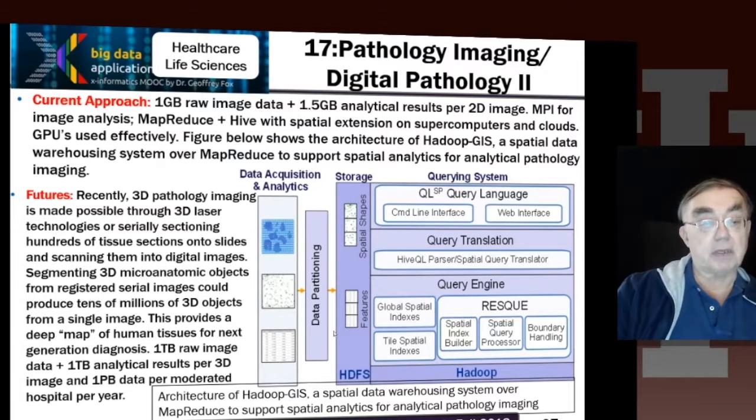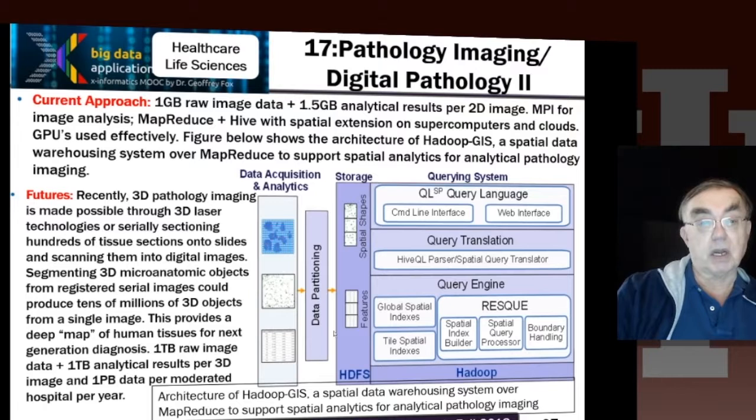It points out that you can do 3D pathology imaging by building things up from 2D slices, and then we can get larger numbers of three-dimensional objects from a single image. So this provides a much larger image space, a terabyte or so, with a terabyte of additional analytic results.